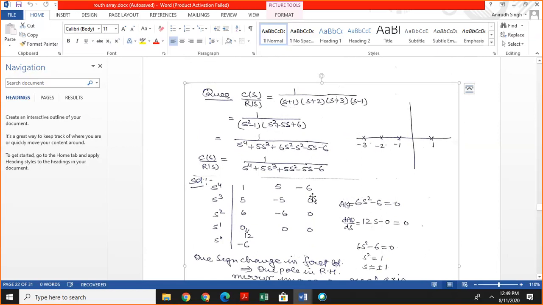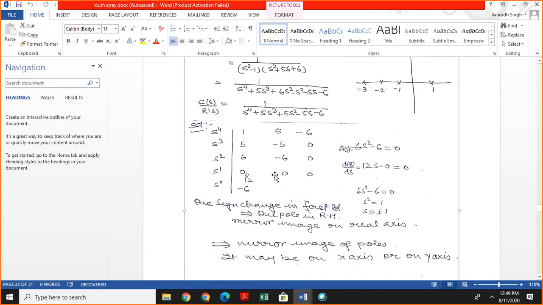So form the Routh array, and in this array, the first element in this row is 0. So form the auxiliary equation and differentiate it with respect to s. We get the coefficients of this row, 12 and the last coefficient, minus 6.